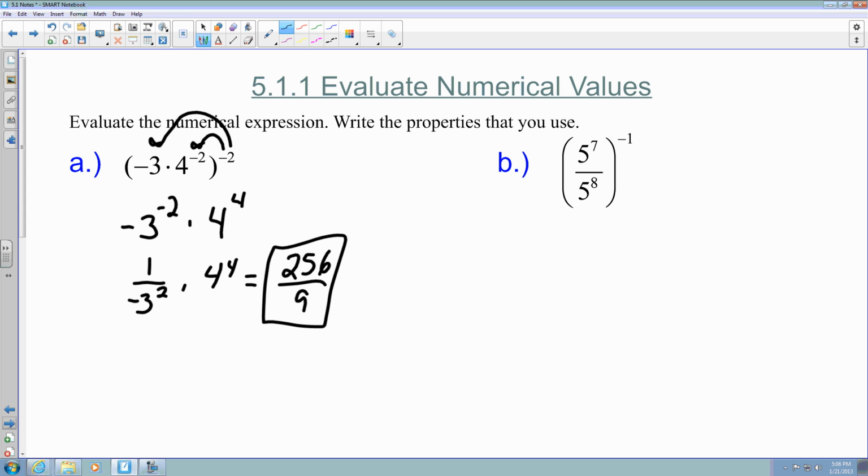So then this ends up being 5 to the negative 7th power divided by 5 to the negative 8th power. Now I can use my quotient property and say that I have the same base of 5, and I can subtract my exponents. So I have negative 7 minus negative 8, which ends up giving me 5 to the first power, so then that equals 5.